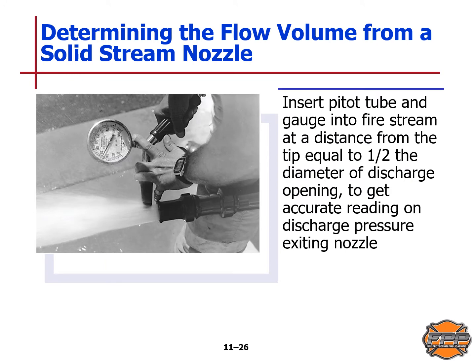To do this, insert the pitot tube and gauge into the fire stream at a distance from the tip equal to 1/2 the diameter of the discharge opening to get an accurate reading on discharge pressure exiting the nozzle. If you'll notice in the picture, it looks just like when you were using that same device to measure the flow rate from a hydrant.